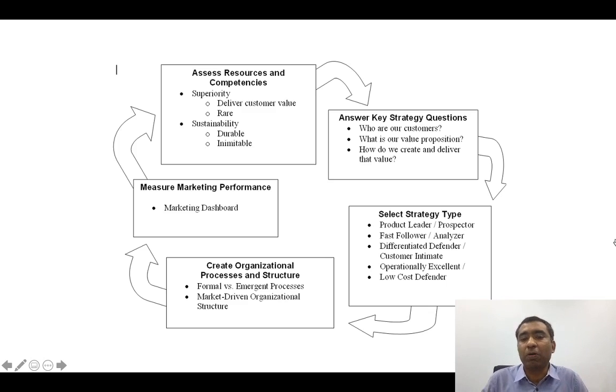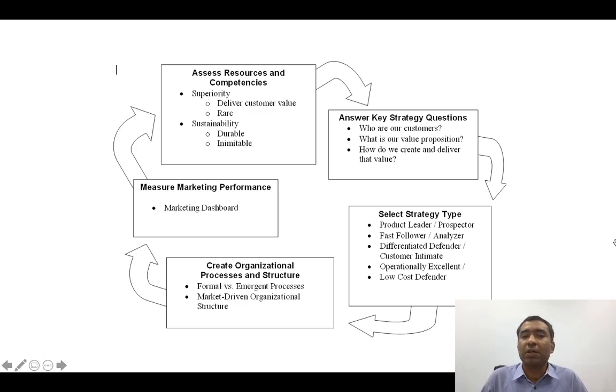These are all the concepts we are going to learn today. This is where I'm going to start today's lecture, and this is where I'm going to end it also. So please make sure you understand each of these components clearly, because you have a class activity based on the selection of strategy types and how organizations are using them.